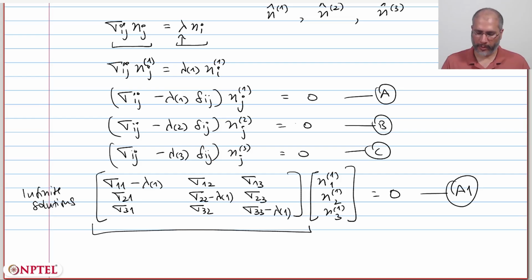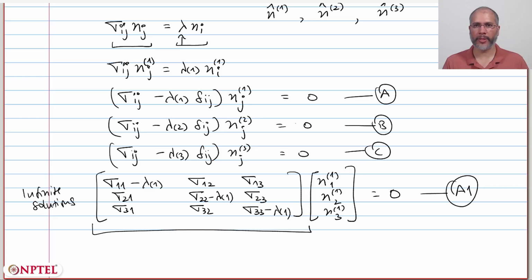Now, of course, this matrix that we have here is singular, as we already discussed. So this equation has infinite solutions. So what that basically means is that this does not result in three independent equations, because we have three unknowns here, the three n components, because all sigmas and lambda 1 are known here as of now. So we need to evaluate the values of n11, n12, and n13.